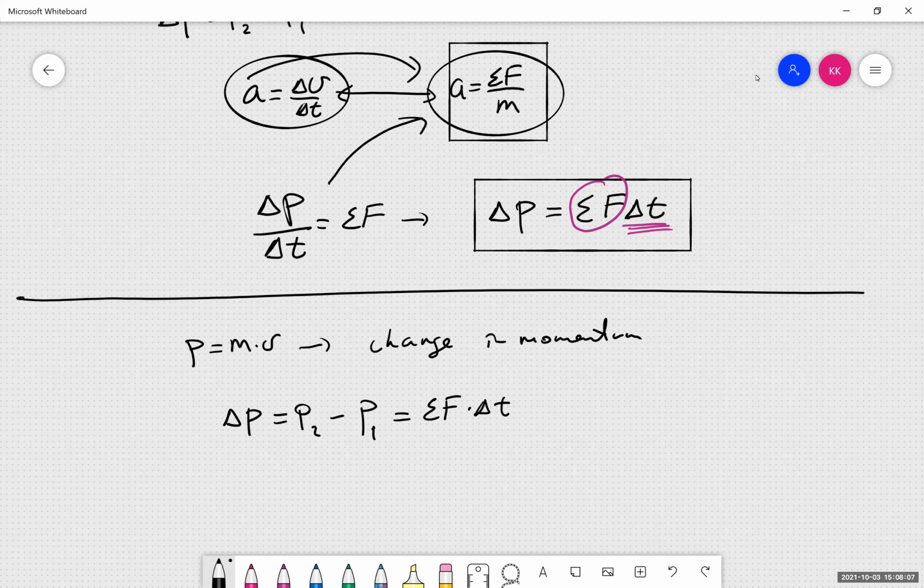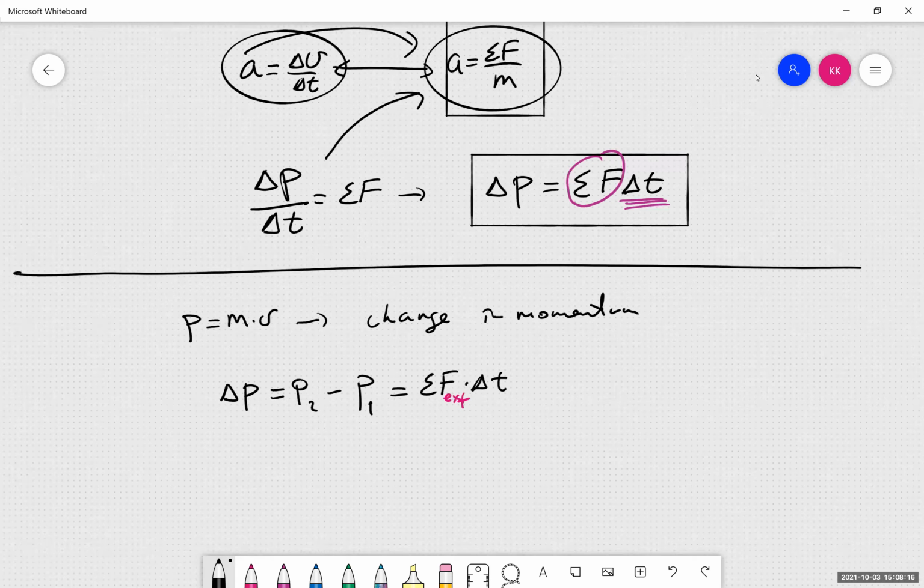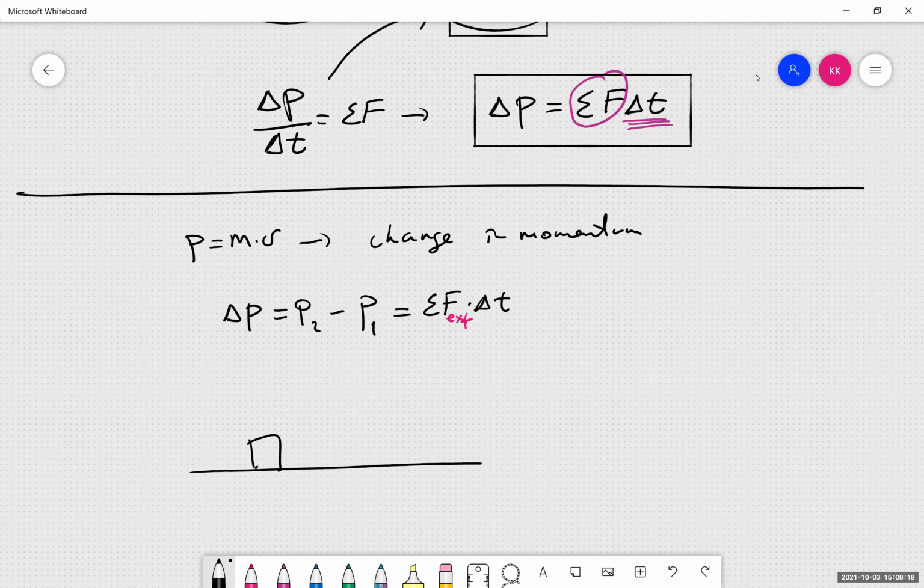Now, this force is sometimes also known as an external force. That means there has to be some external force. If you have a box moving from point 1 to point 2 and it's slowing down, most likely that force is friction, acting in the opposite direction.